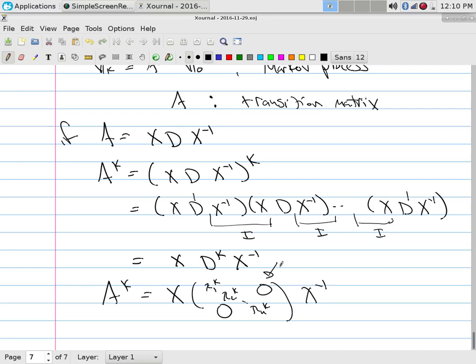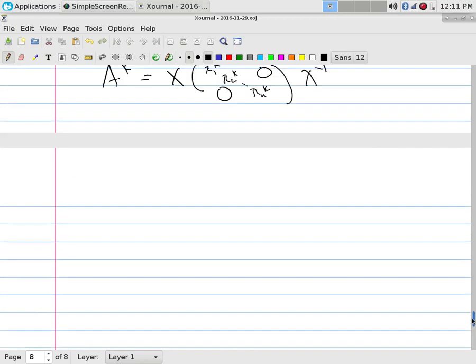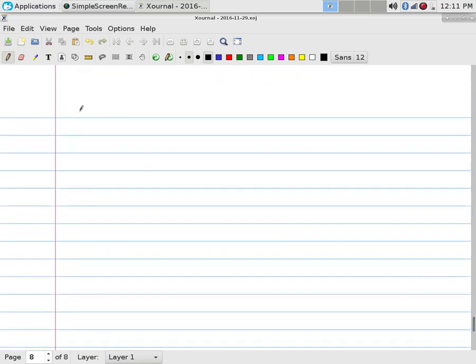So what does that look like on my process now? Without this diagonalization, without X D X inverse, A to the K times a vector, let's say this is called X naught, how would you do that?